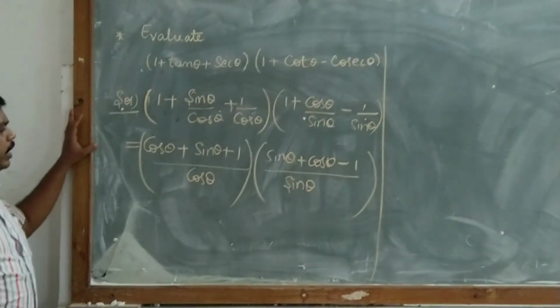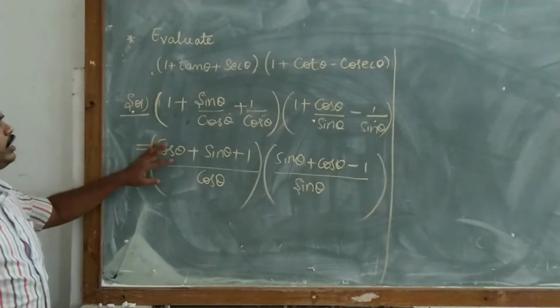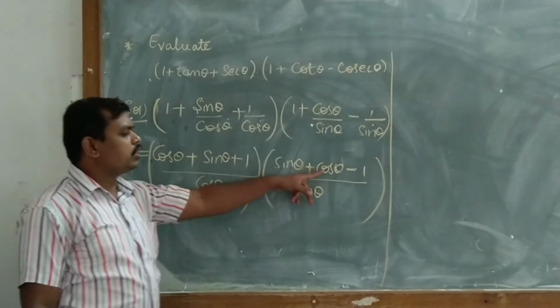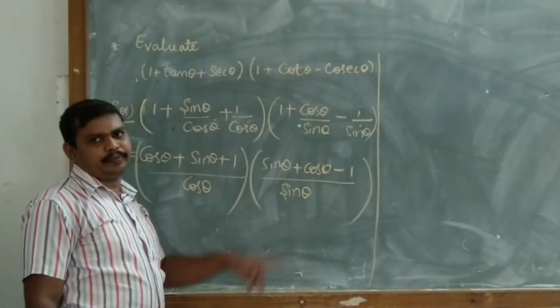Okay students, after taking the LCM we got (cos θ + sin θ + 1)/cos θ into (sin θ + cos θ − 1)/sin θ.